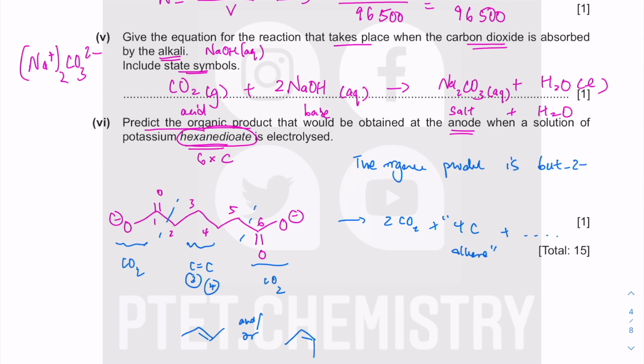What I cannot be sure of is whether it's cis or trans, because both could ideally be formed. You started from a single bond and now you are forming the double bond, so there's no preference for cis or trans in this case, because it's electrolysis and not like a directed chemical reaction, an organic transformation in that sense.